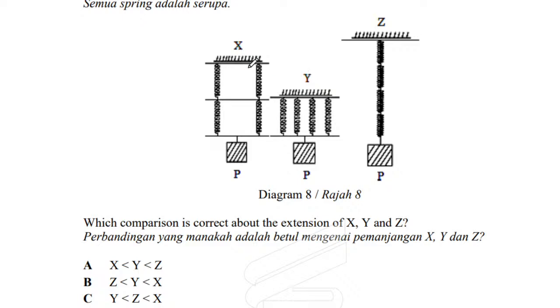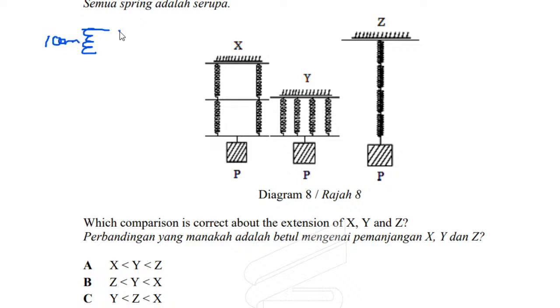If I give a value, let's say the length of the spring is 10 cm. Let's say this is the original length of the spring, 10 cm.